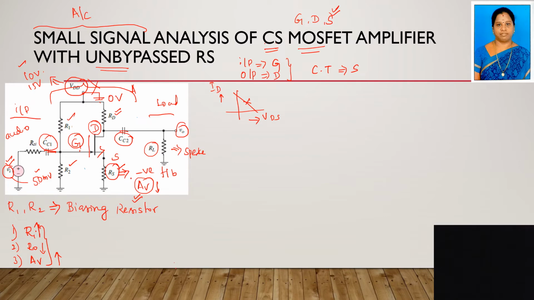I have already explained that the reactance of the capacitor is XC1 = 1/(2πfC1). If the frequency increases, the reactance reduces, and ideally we can say XC1 is 0. If it is 0, it can be short circuited.